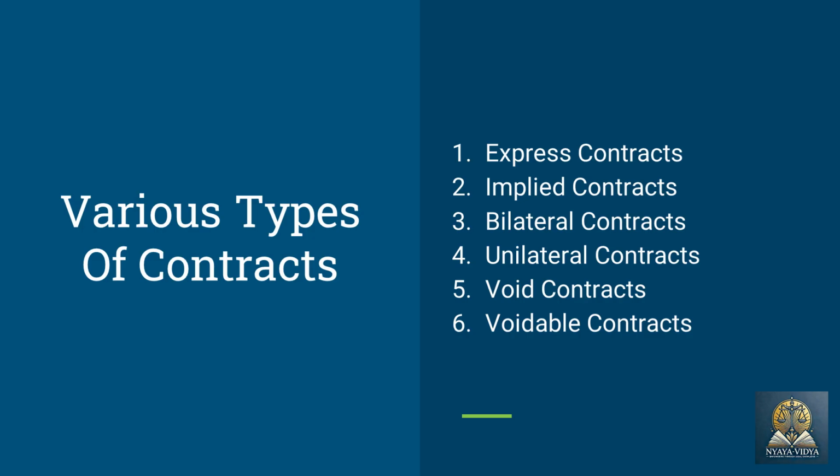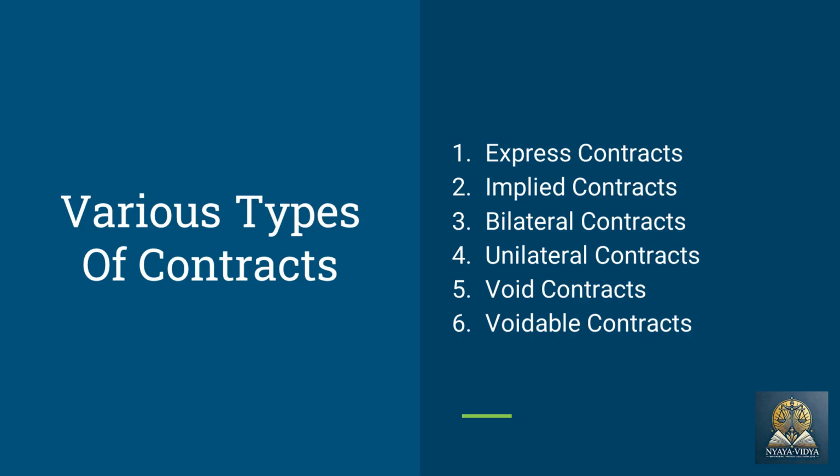This is a unilateral contract. The fifth one is void contracts. Agreements that are not enforceable by law from the outset are called void contracts. Lack of essential elements like lawful object or consideration, contracts involving illegal activities, and contracts to commit a crime are all examples of void contracts.